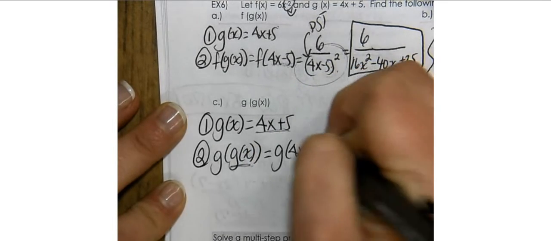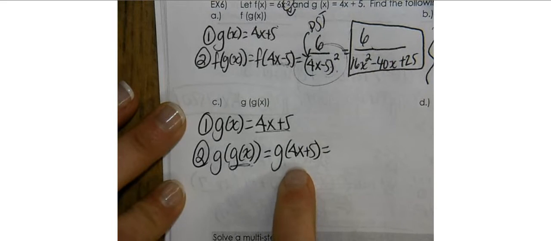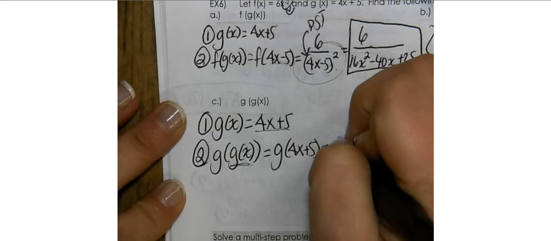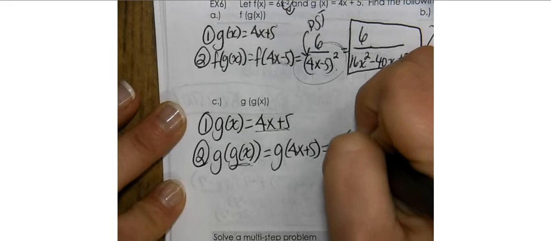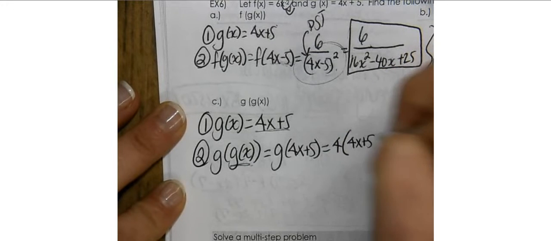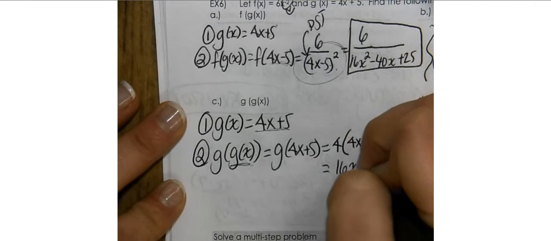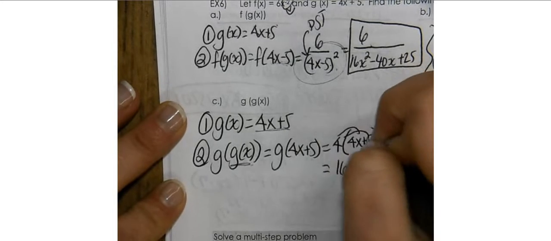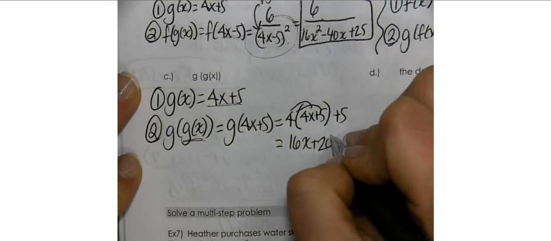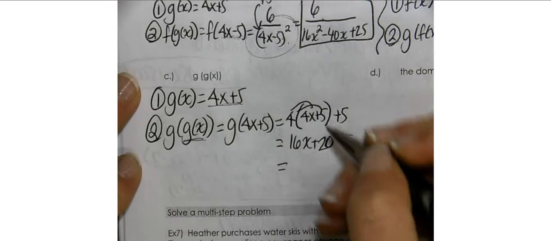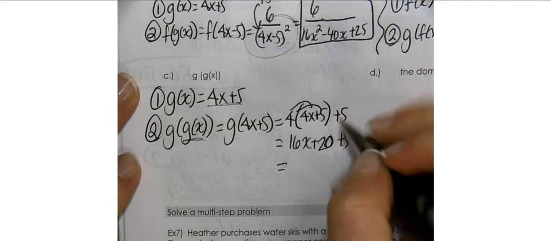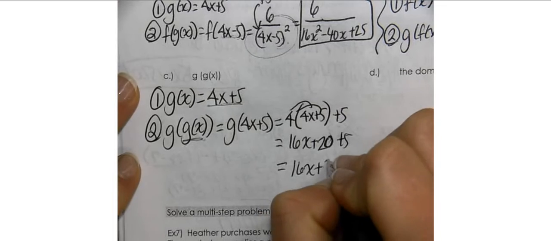I'm going to substitute 4x plus 5 into my g function. So that's going to be 4 times 4x plus 5, plus 5. So that is 16x plus 20. I'm just distributing the 4 to each term, plus 5. So our function for g of g of x is 16x plus 25.